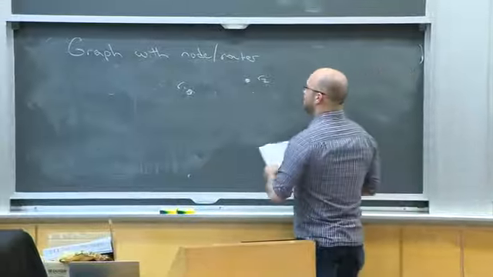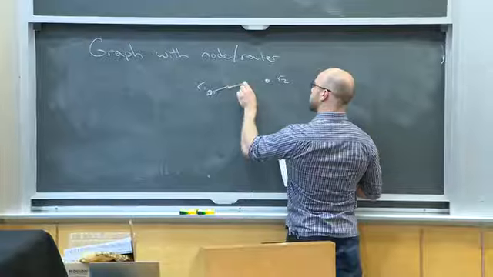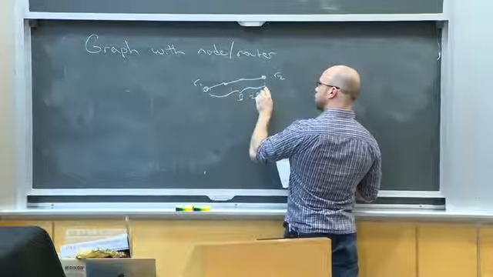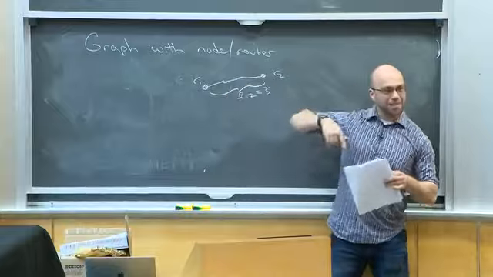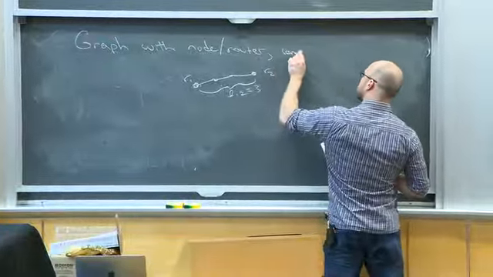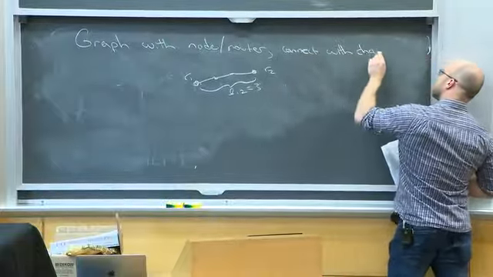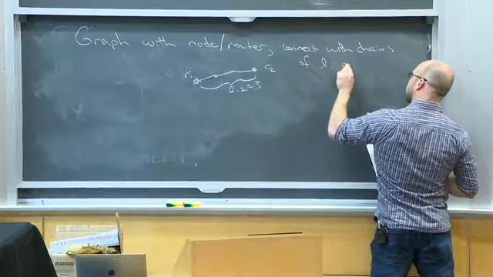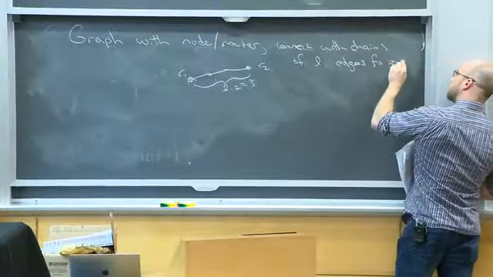Except now I'm additionally going to have little chains. So here maybe the length L12 is equal to 3, so I'm going to put 3 edges in between. In other words, I'm going to connect them with chains of Li edges for each wire.